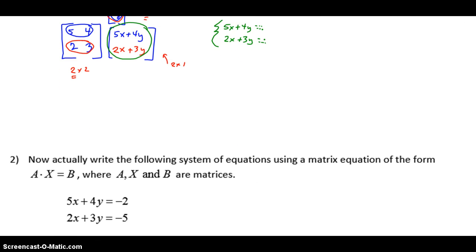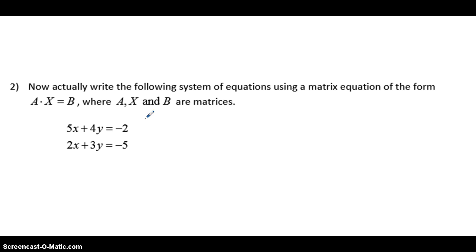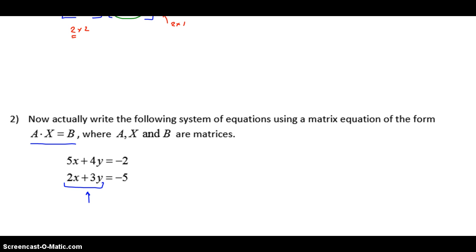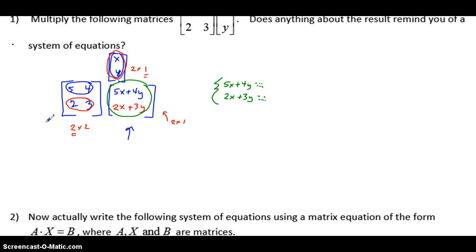Next, let's move down to question 2, where it says, now let's actually write the following system of equations using a matrix equation of the form. There are several matrix equations that we could use here, but notice that what we're looking for is matrix A times matrix X equals matrix B. The first question was trying to lead you in this direction. If we look at this side of the equations, it certainly looks like we could get it to look like that if we go back up and use this multiplication.